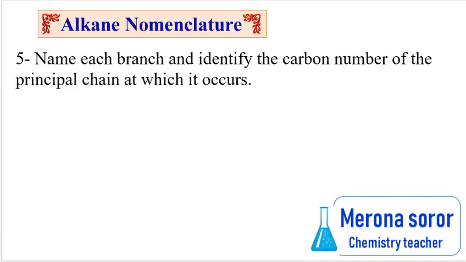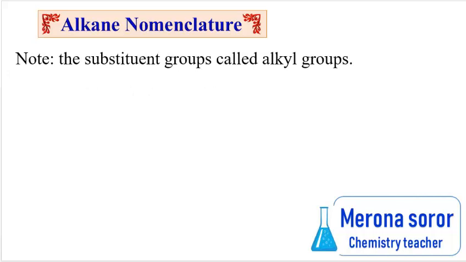Step number 5. Name each branch and identify the carbon number of the principal chain at which it occurs. Note the substituent group called an alkyl group.